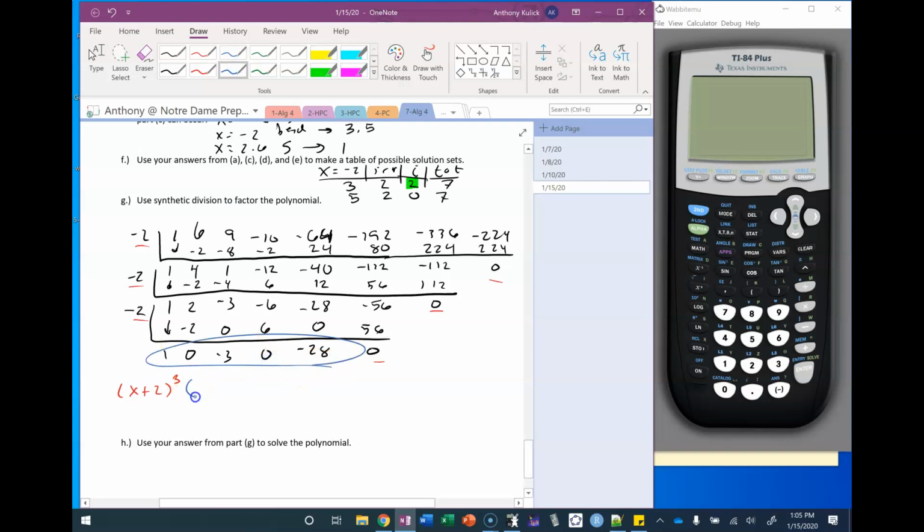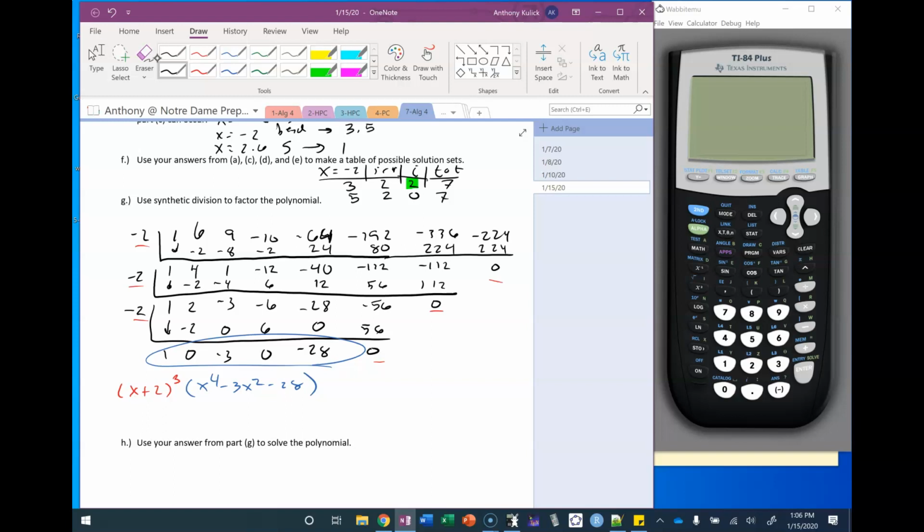And then I have this stuff. That's the polynomial x to the 4th minus 3x squared minus 28. That's in the quadratic form, right? Because I have something to the 4th, something to the 2nd, and then a constant term. So I can factor that using my factoring tree.